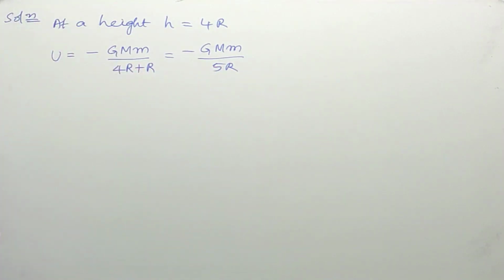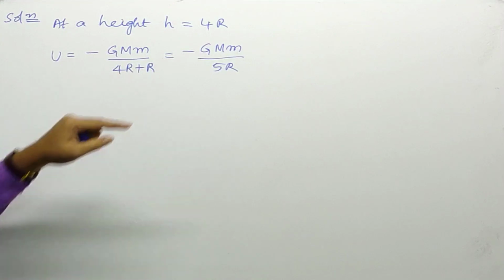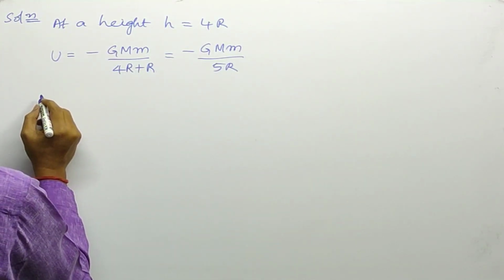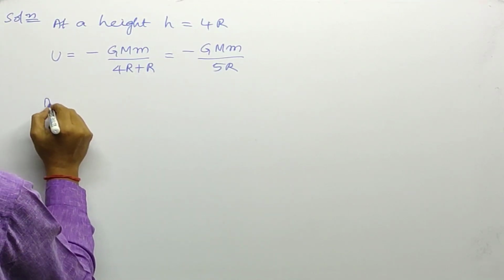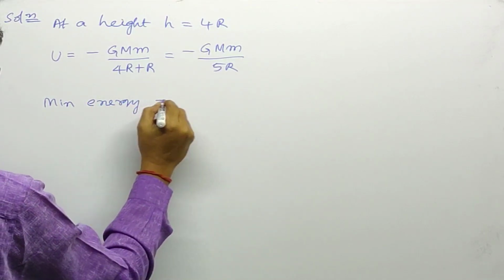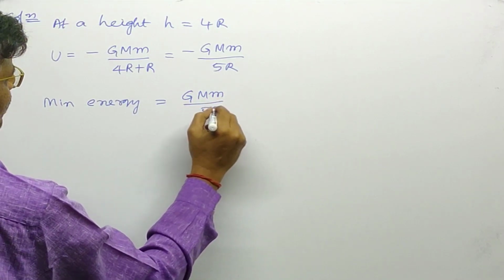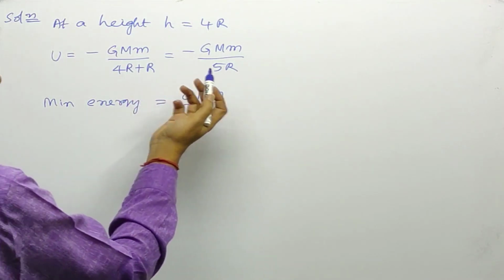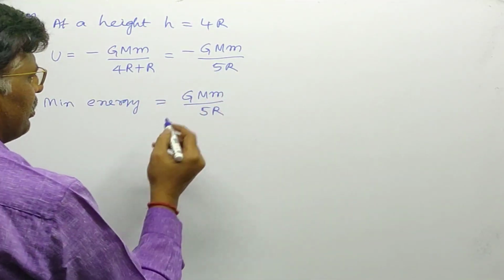General formula: at a particular height h, U is equal to minus GMm by R plus h. h is 4R here. So the minimum energy required to escape the body from that height is GMm divided by 5R. Whatever the potential energy is at that particular height, that itself is the energy required to project the body into space.